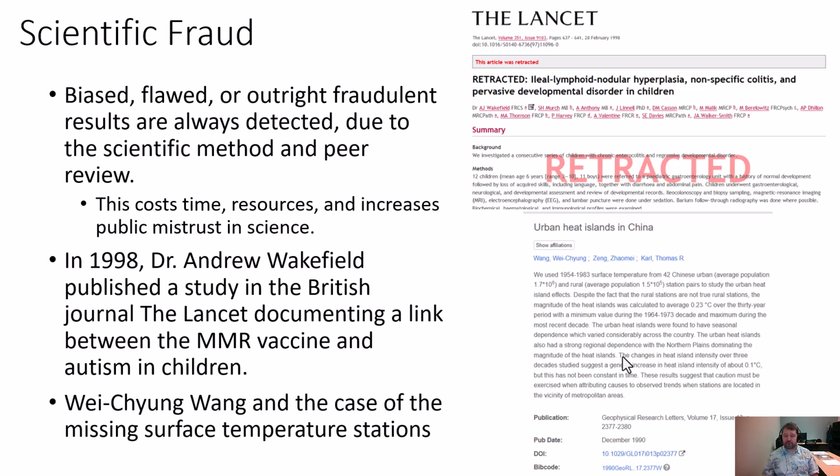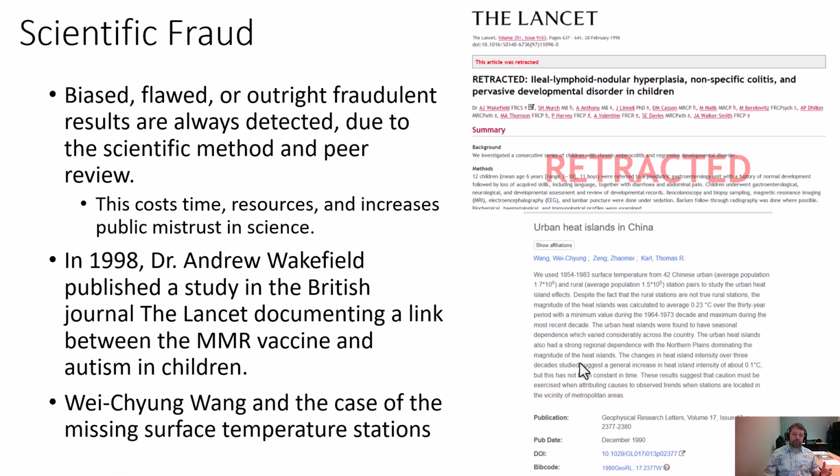You couldn't find and repeat that data. You couldn't pull the data from all these stations because some of them didn't exist, or no one could locate where the station was, because it was basically just data that was given to the authors, and they didn't find out where the source got that information from.